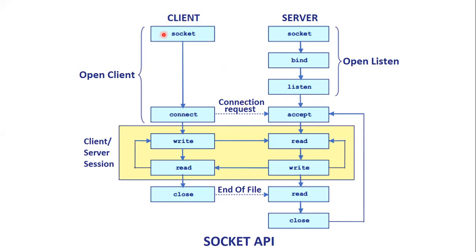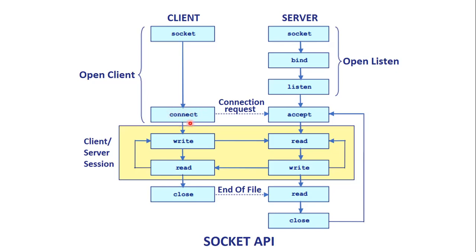Now, suppose there is a client who is trying to send a connection request. How will it happen? The client should also use the socket function to create the socket, and then it directly calls the connect function.